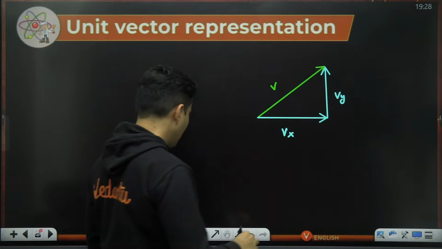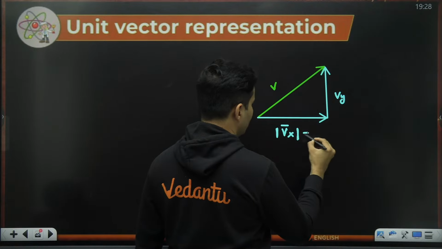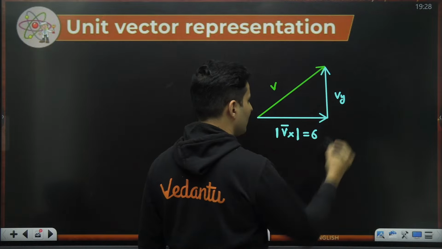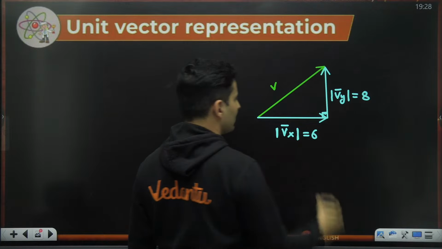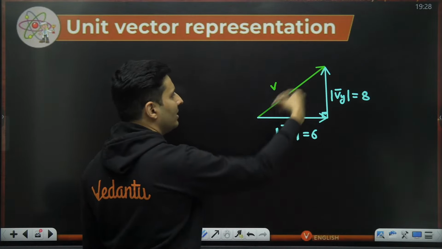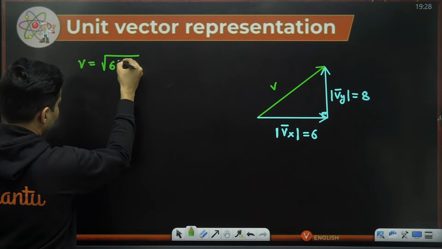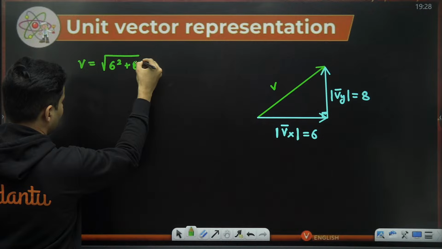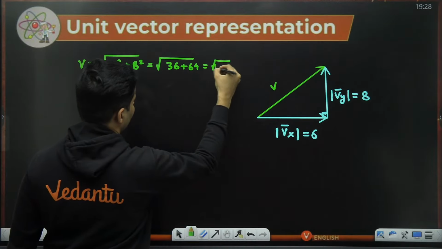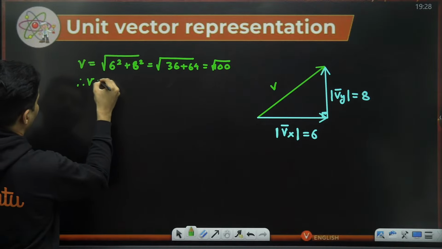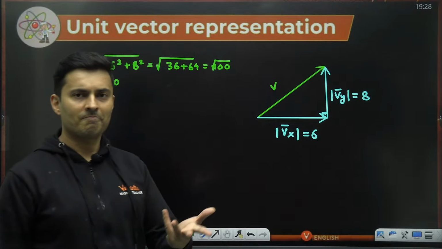What if I tell you the x component value is something like 6 units, and the y component is 8 units. They are both perpendicular to each other. If you ask me what is the total vector's magnitude, immediately I will use Pythagoras theorem and say it is 6 square plus 8 square, which is 36 plus 64, which is root 100. Therefore, the magnitude of that vector is 10 units.